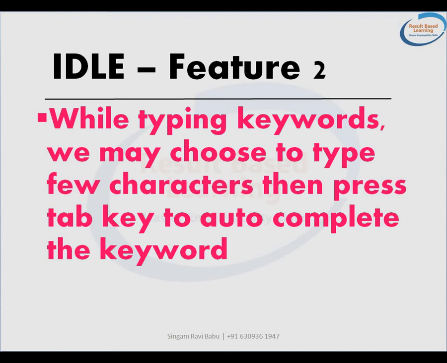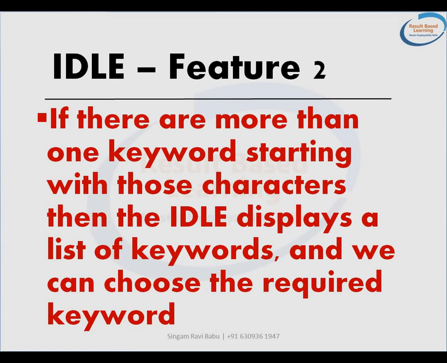That means you don't need to type the complete keyword. Just type part of the keyword and press tab, and it will fill the remaining characters for that word. If there is more than one keyword starting with those characters, then the IDE displays a list of keywords that we can choose from, and we can choose the right keyword.